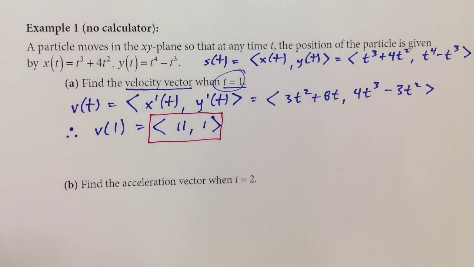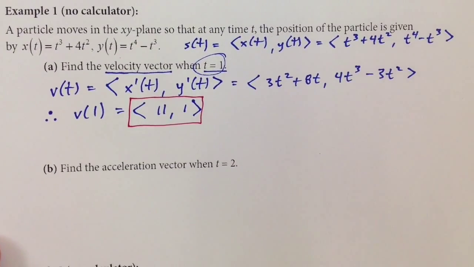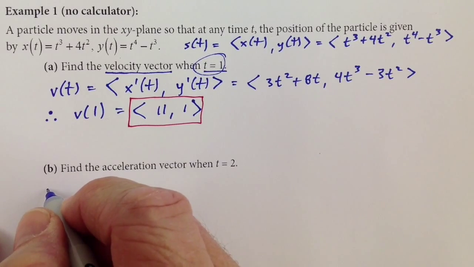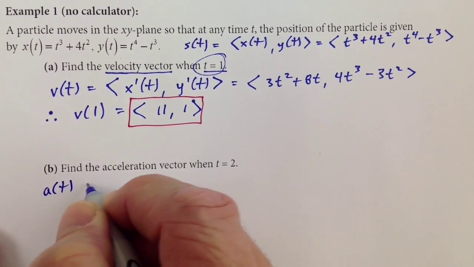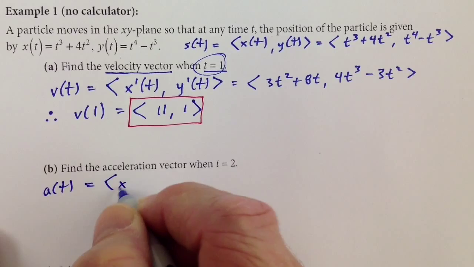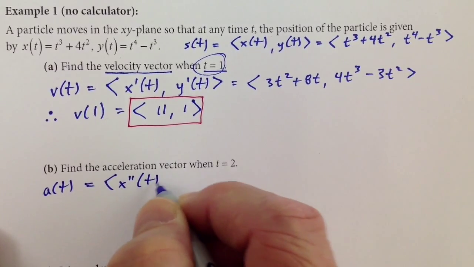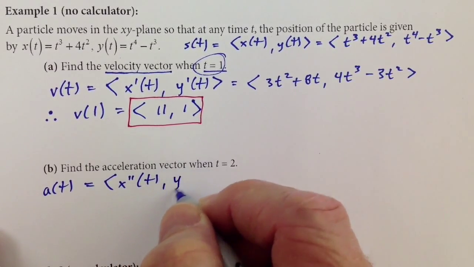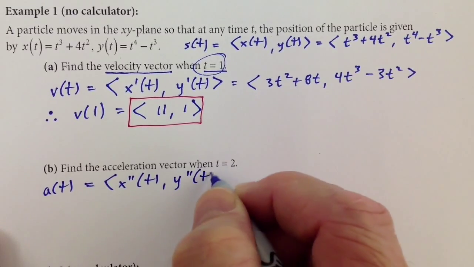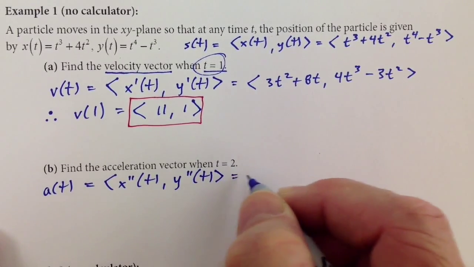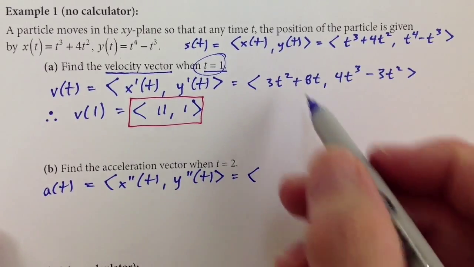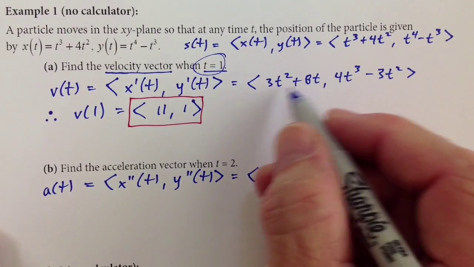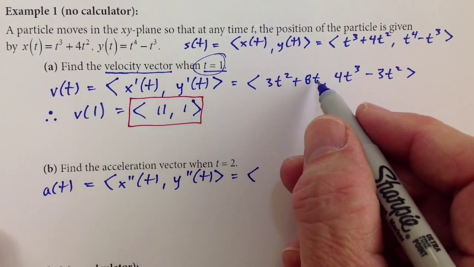Okay? And the acceleration vector when time t equals 2, let's go right to that, would be the second derivative of x with respect to t, followed by the second derivative of y with respect to t. Okay? Well, we see the first derivative here is 3t squared plus 8t.